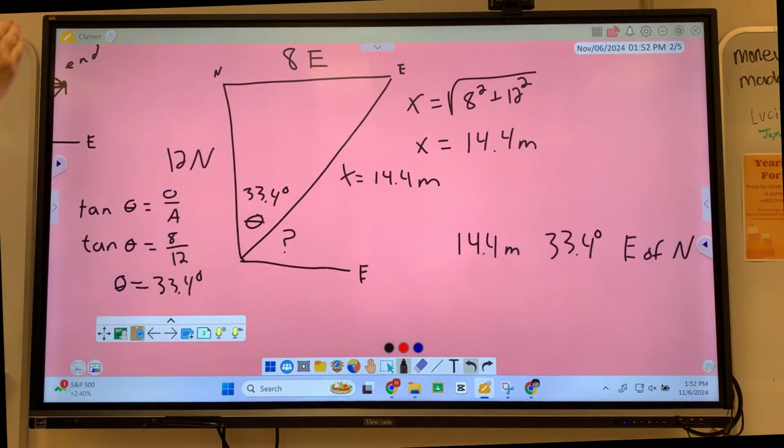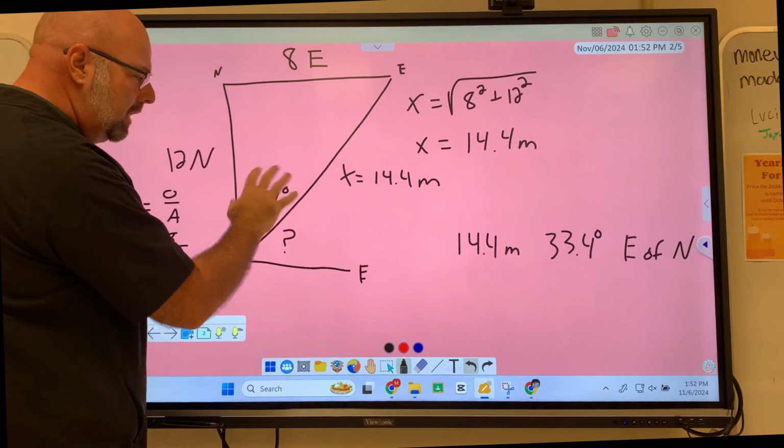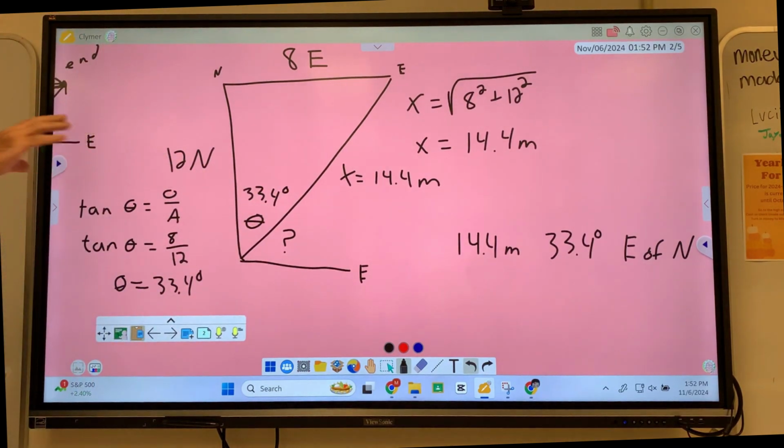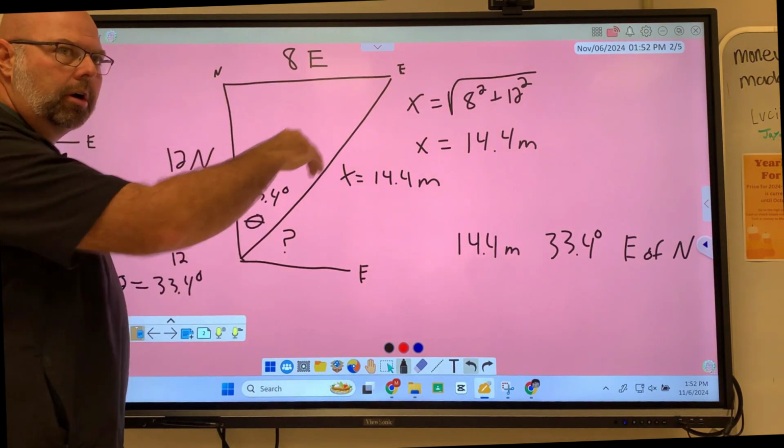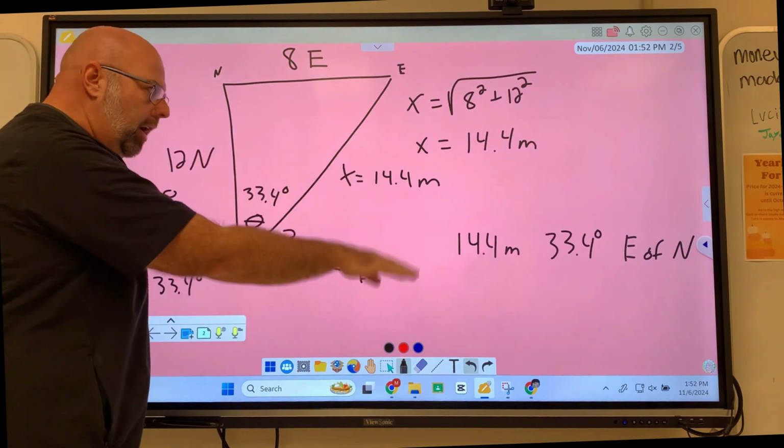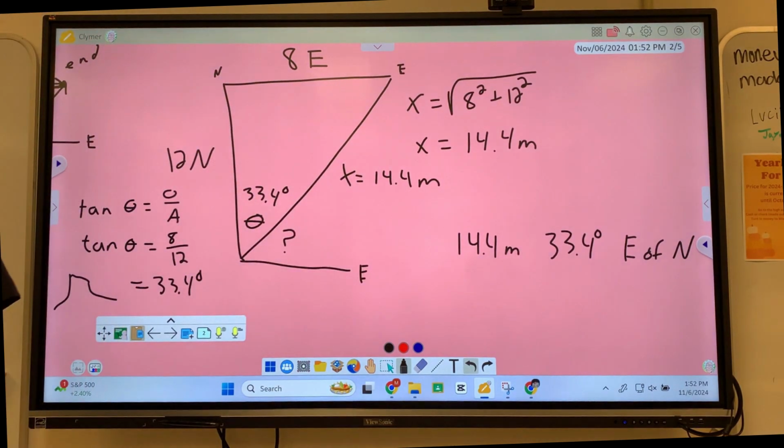Guys, you're going to want to pay attention to this. You're going to want to lock in here for just a moment, because this is critical on how you describe this particular vector for this assignment. If I found this angle, I have to decide where exactly that is, so that if you had to come over here and draw this vector somewhere in this northeast area, you're going to know where it is.